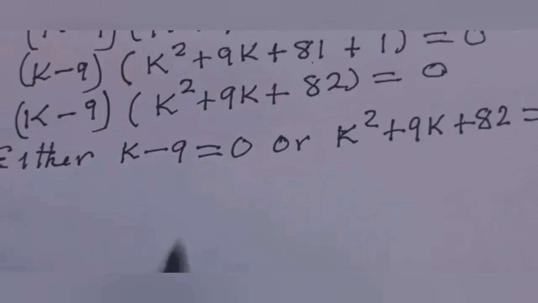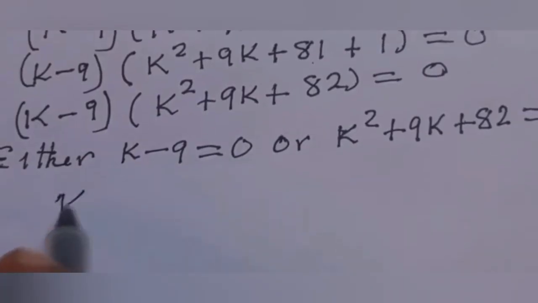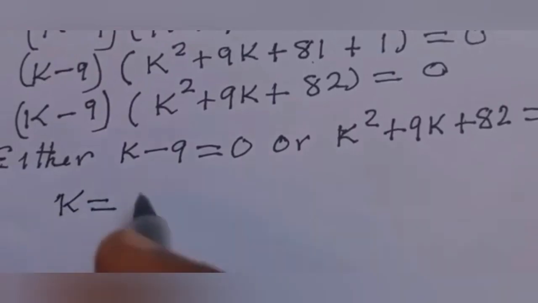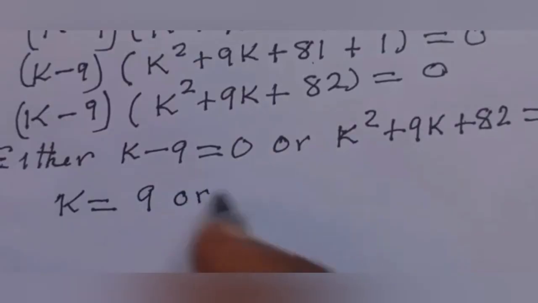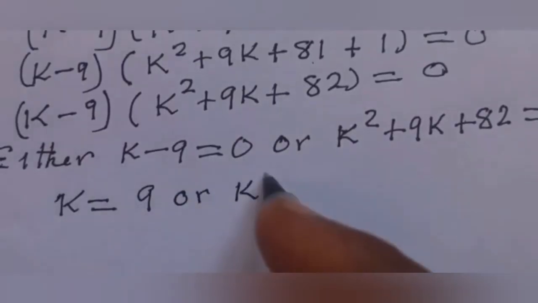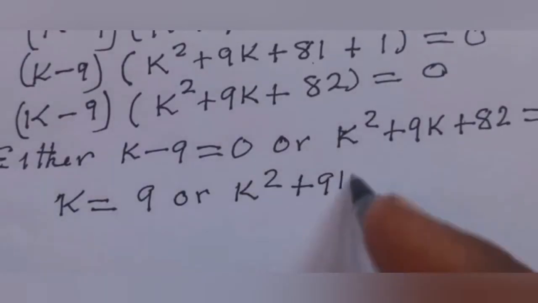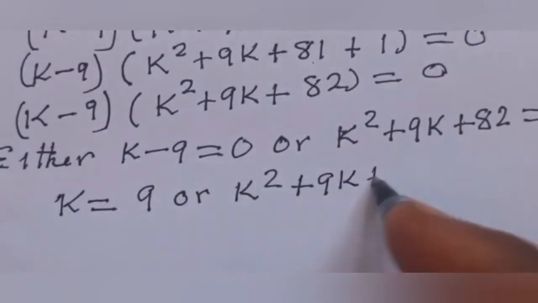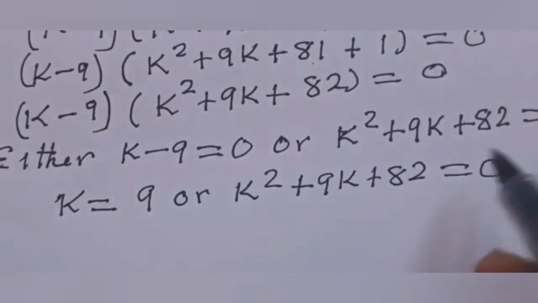So in this side, shift negative 9 to that side, we have k equals to 9, or k squared plus 9k plus 82 equals to 0.